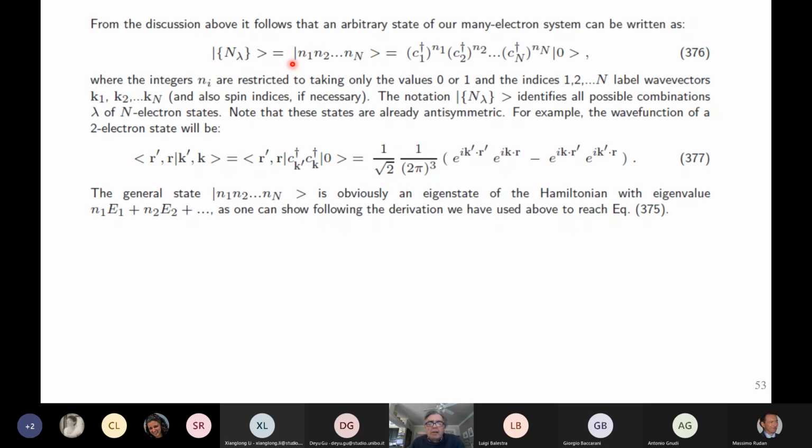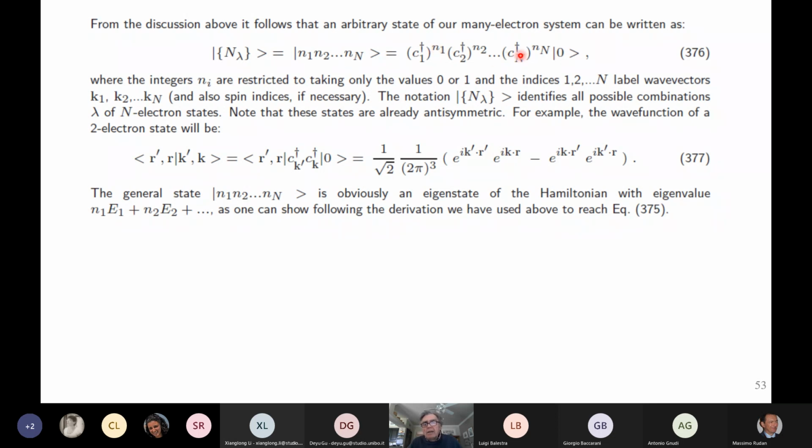So the general state that I can create on this Hilbert space is: I start from the ground state, and then I apply the creation operators for various states, 1, 2, which may label the various K vectors that I have for the electrons, n times each. And n can be either 0 or 1 if I'm talking about fermions. For bosons, of course, it may be as many as I wish.